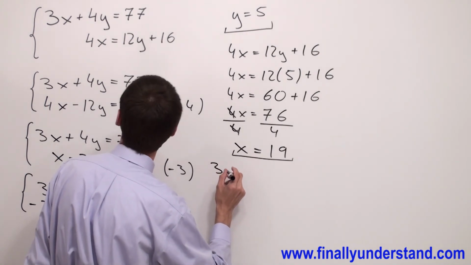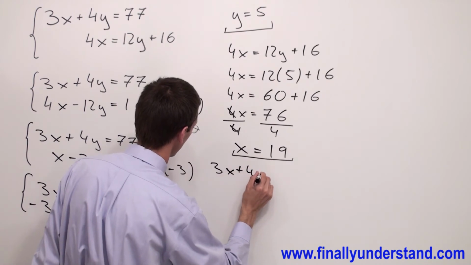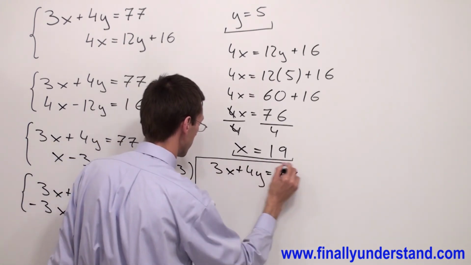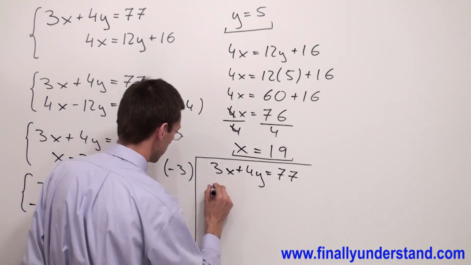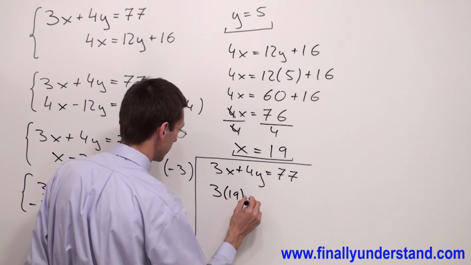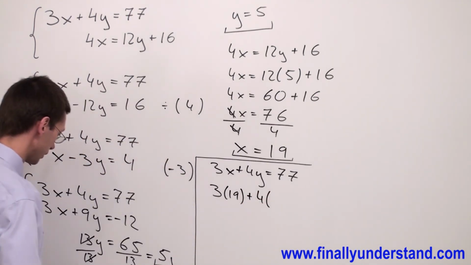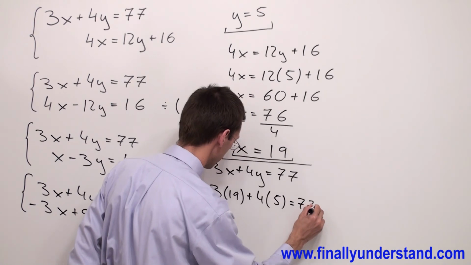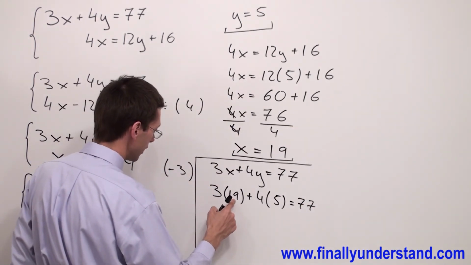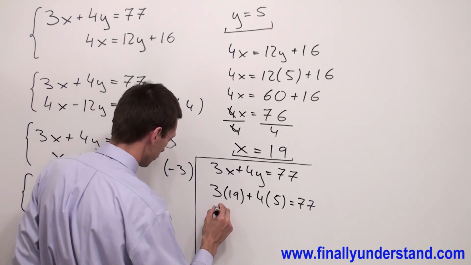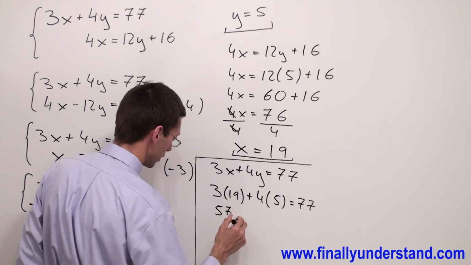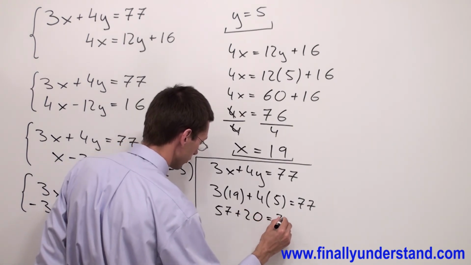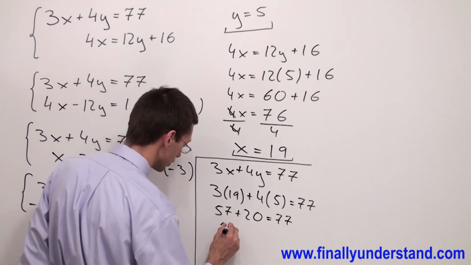We have 3x plus 4y is equal to 77. Okay, this is my first equation, and instead of x I'm supposed to write 19, so I have 3 times 19 plus 4 times 5, because y is equal to 5, and this is equal to 77. 3 times 19 is equal to 57 plus 4 times 5 is equal to 20 equals 77. 57 plus 20 is 77.